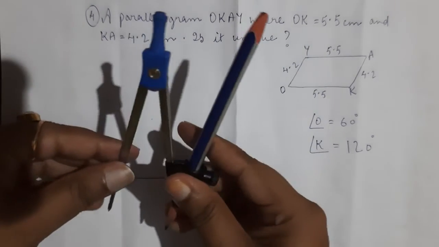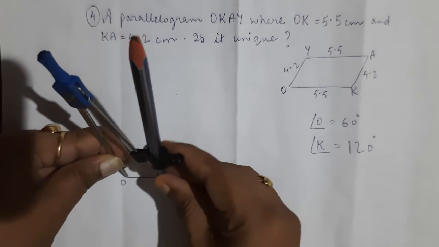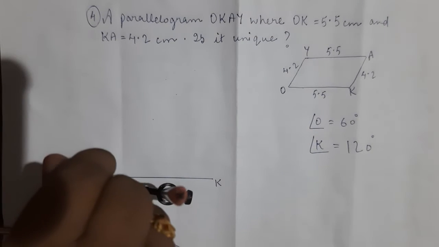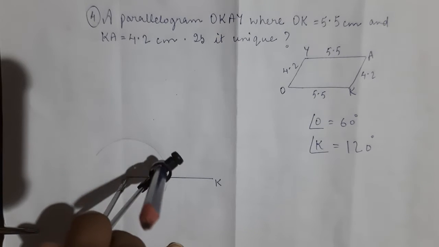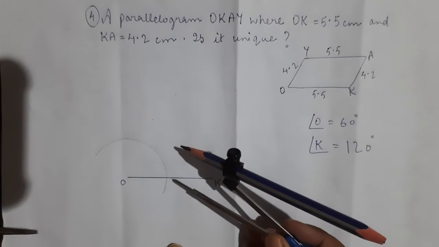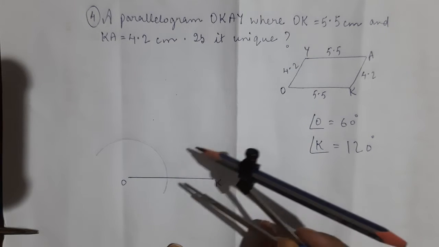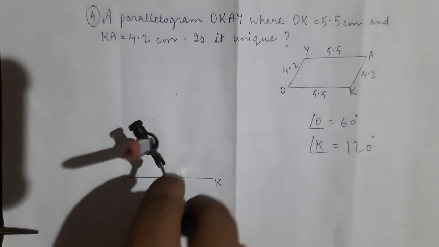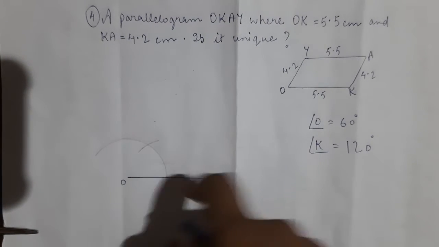Now angle O is 60 degrees. So how will we draw 60 degree? We will take any radius and draw an arc in this way. Where this arc and the line intersect, from here we will draw another arc here.